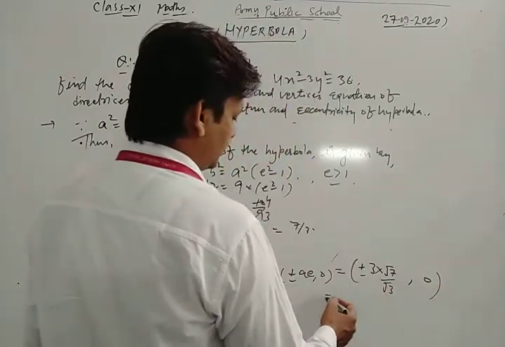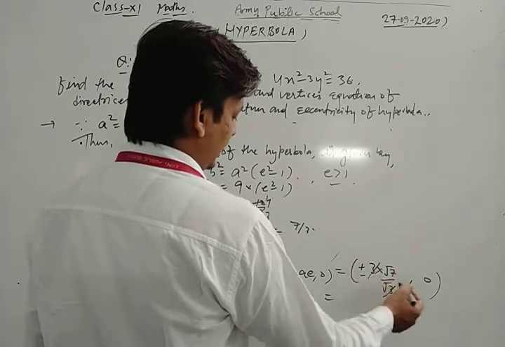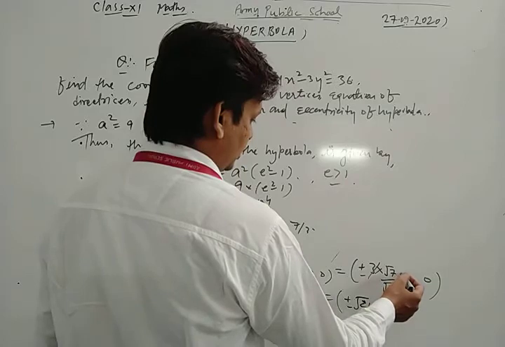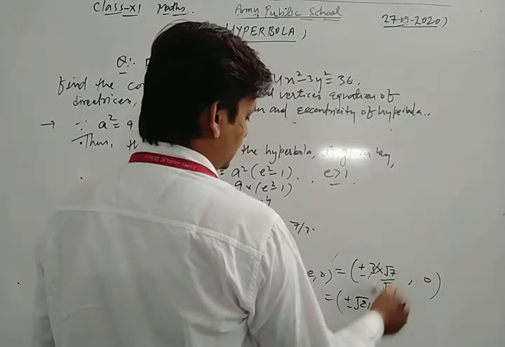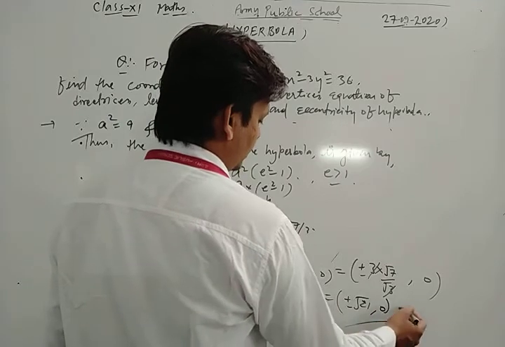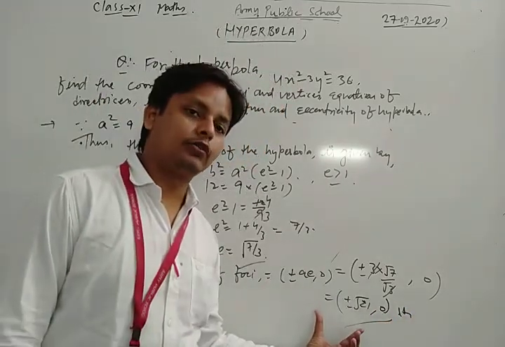Now here we must multiply both the numerator and denominator by root 3. So root 3 cancels and we have plus minus 3 root 7 upon root 3, which is root 21, in the numerator. So plus minus root 21 comma 0. This is the coordinates of the foci of the hyperbola.